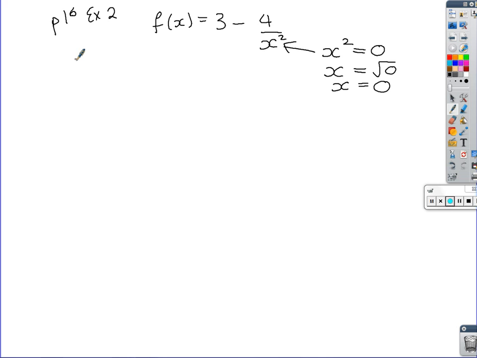So we need to restrict the domain of this function. x can be any real number, but x cannot be equal to 0, because then the function wouldn't exist.